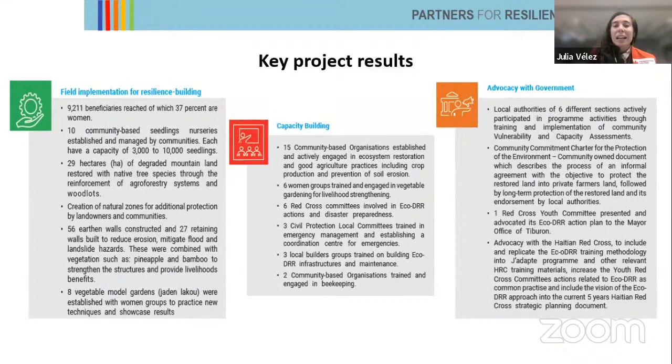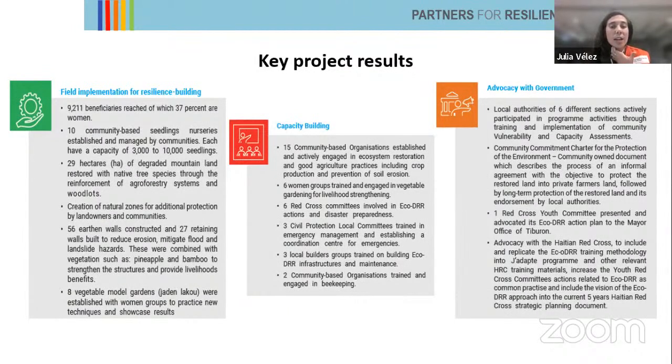And also on events like this, on promoting the results, the field implementation for resilience building has been focused on capacity building, field implementation, and advocacy. And this has been through a really community engagement and capacity building approach.